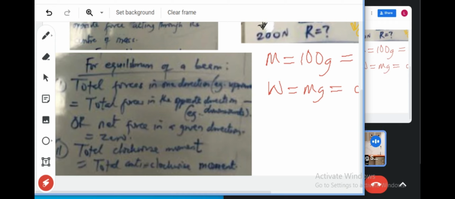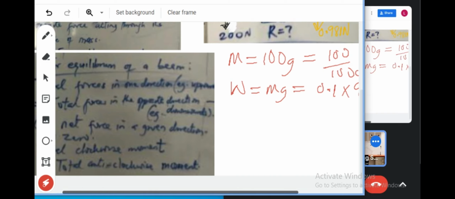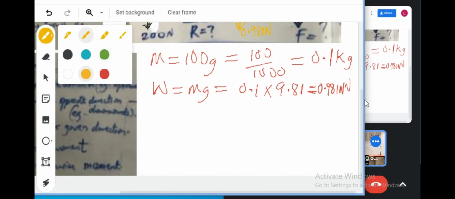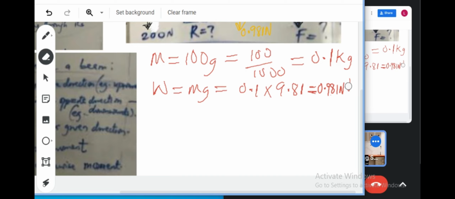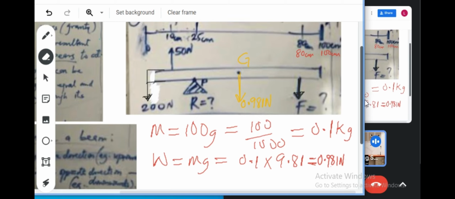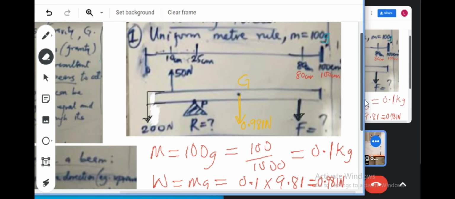The first one is correct: total force in one direction is equal to total force in the opposite direction. And the second one is clockwise moment equals anti-clockwise moment. So you can apply any of those conditions to get what we're looking for. Let's apply total clockwise moment equals total anti-clockwise moment.